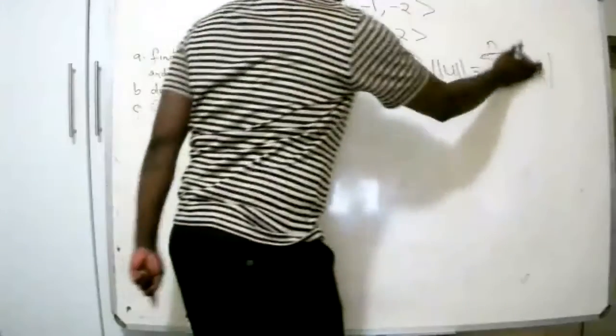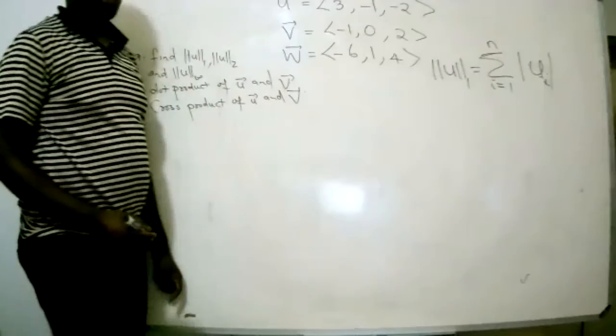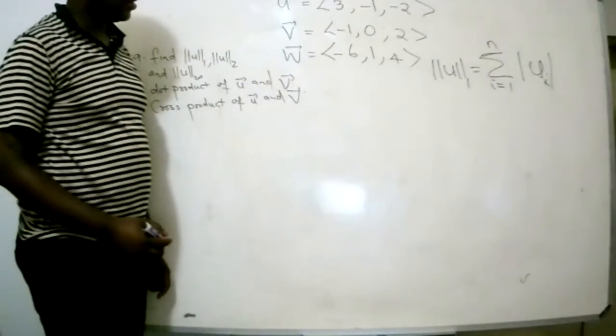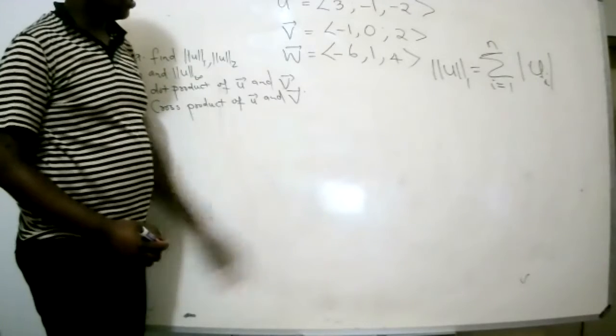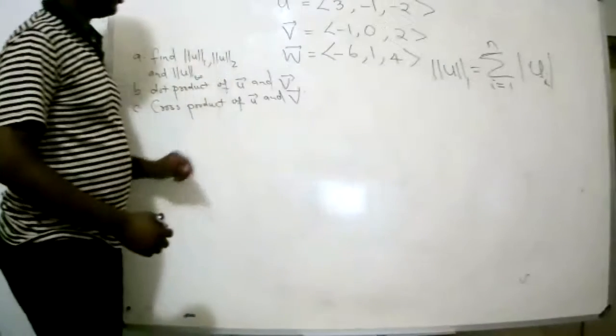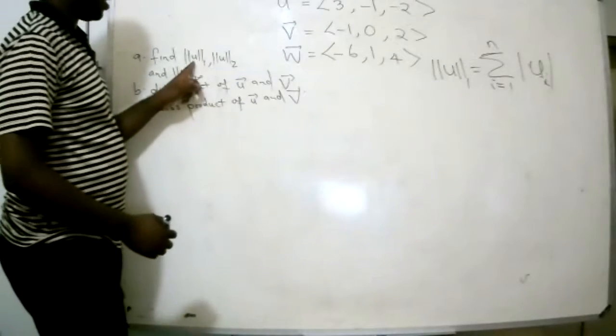And here you can use the u to indicate all the components of u. Right? So that is the formula we are going to use. All right, let's use it and see what we obtain.